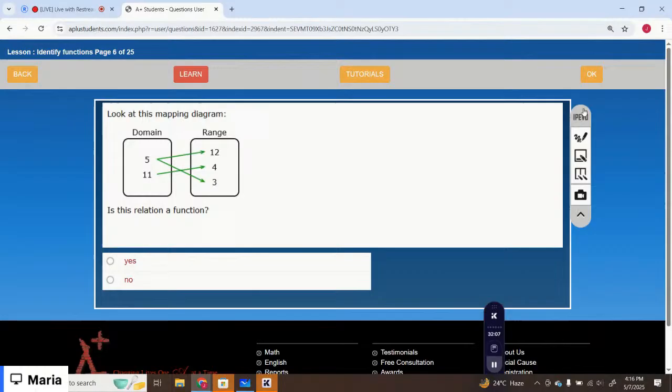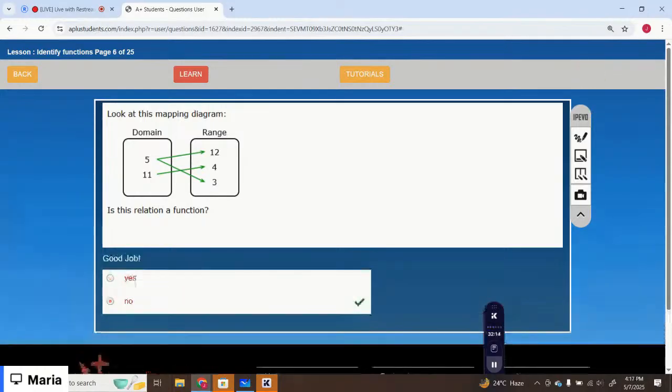No, because one x value maps to two values of y, so that is not a function.